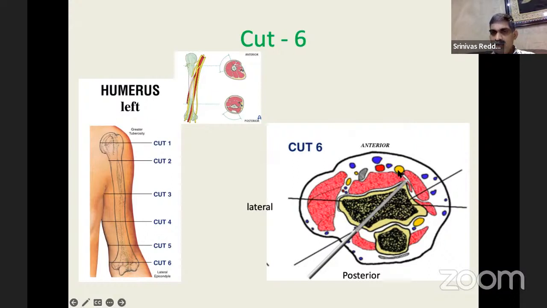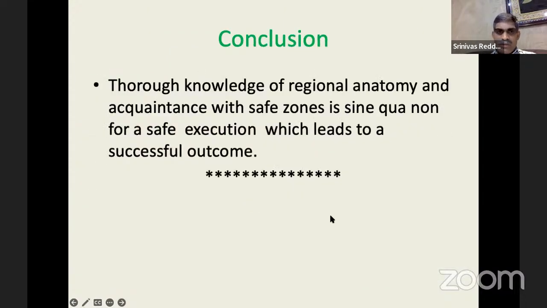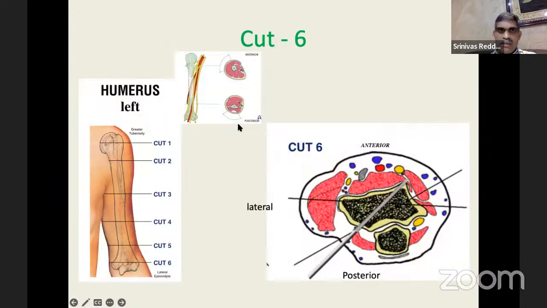This is the median nerve. You see the median nerve has come medial to the brachial artery. In the first instance, if you see this one, the nerve is lateral to the artery, but coming here it has become medial to the brachial artery.